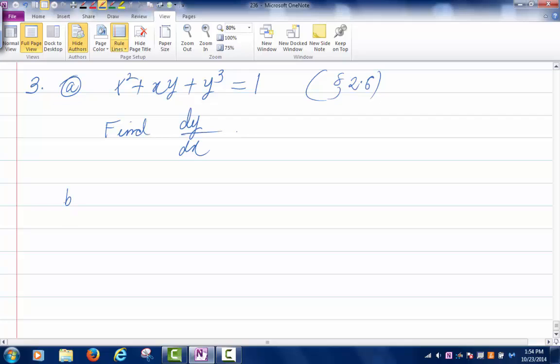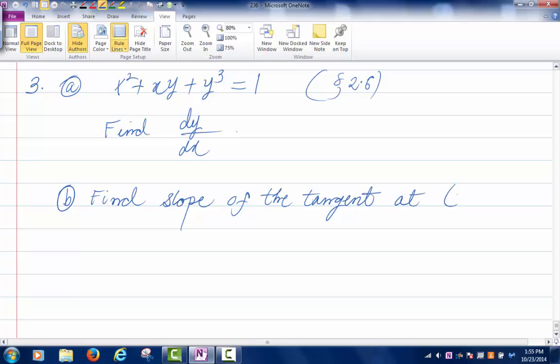And what is part B? It would be find the slope of the tangent line at some given point where x is 1, say y is 0, right?